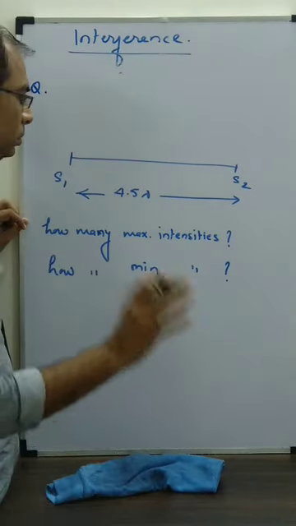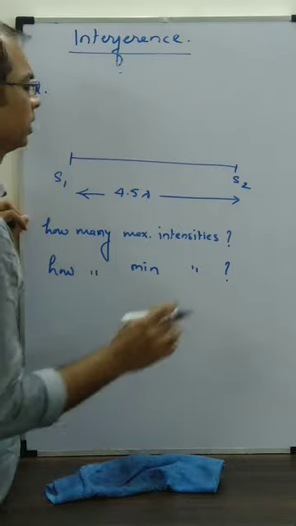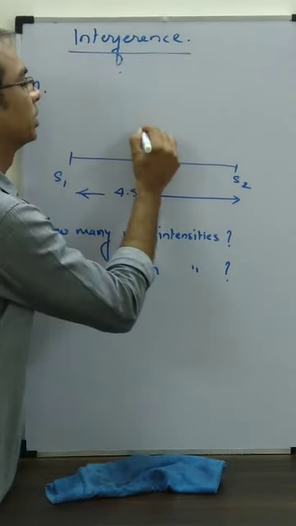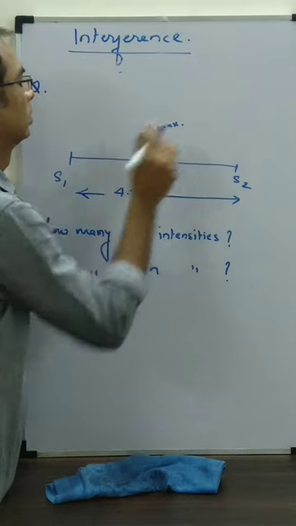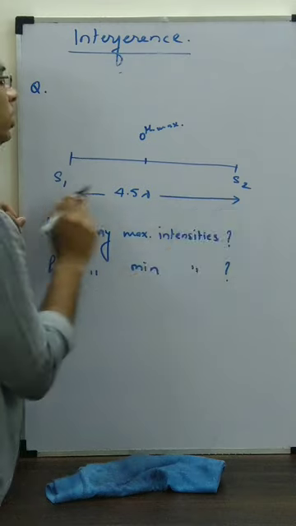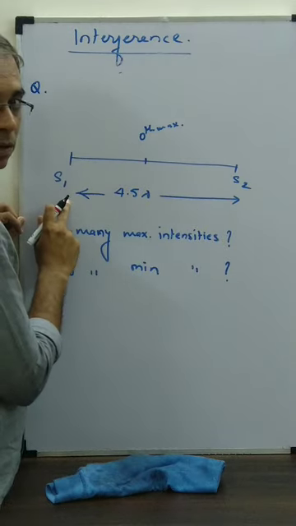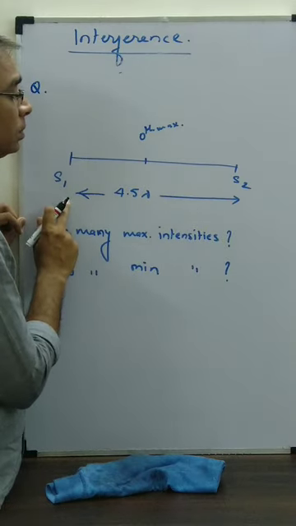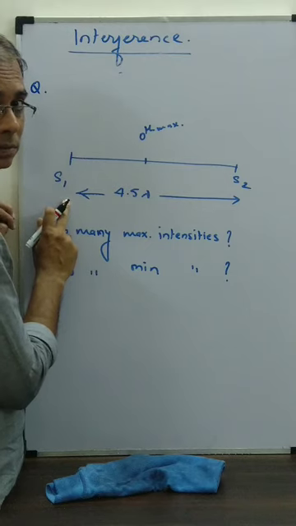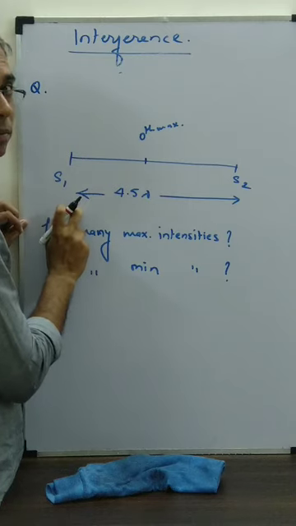Okay, first thing what do you do? Search for the center, where there is 0 as max. Here how much is the path difference if I take this point? Say 4.5 lambda. 4.5 lambda, that means there should be a maximum or minima here? Minimum. Okay, this will be minima.